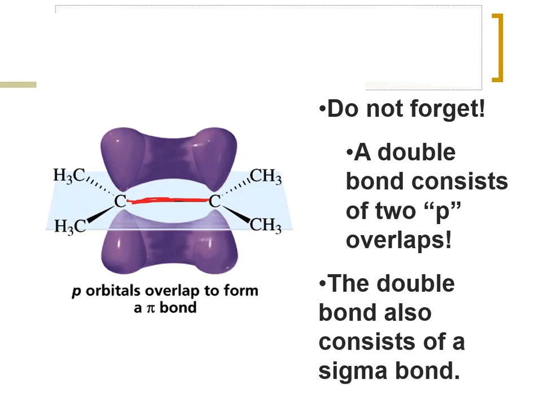And this carbon will have a p orbital, and that p orbital will have an electron that can participate in sharing. And this carbon will also have a p orbital. All right, so there's 2 lobes of a p orbital. So this overlap of those p's will give me the double bond. Now, here's the problem. This is why I bring up the picture, because a lot of people get confused.